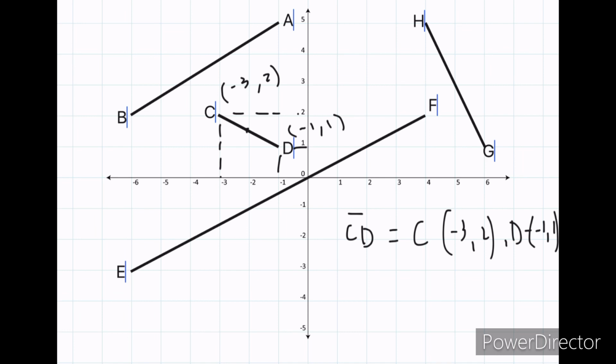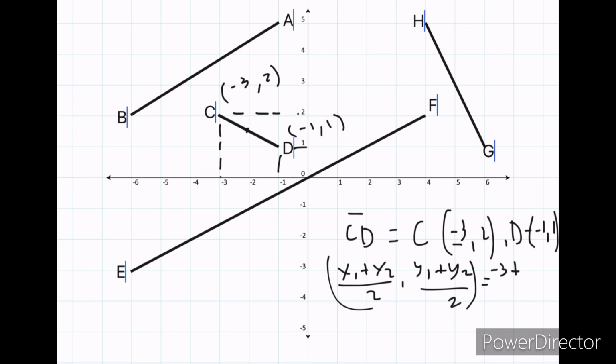Again, using the formula, x sub 1 plus x sub 2 over 2, then y sub 1 plus y sub 2 over 2 is equal to, our x sub 1 is -3 plus our x sub 2 which is -1 over 2, and our y sub 1 is 2 plus our y sub 2 which is 1 over 2.